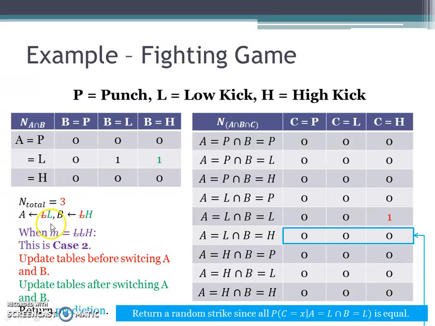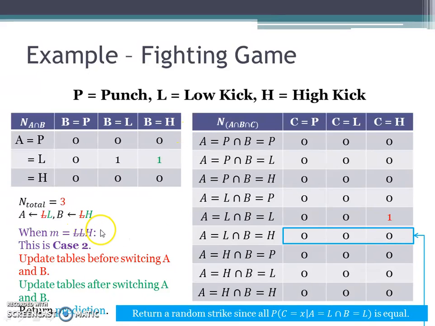Now, after you have done the update, A changed from L to L, because this L comes from B, while B changed from L to H because it comes from C. Then this is where we can make a prediction. Before we make the prediction, first we update the fact that we have observed a case where A is L and B is H. So this is the case for the last two.